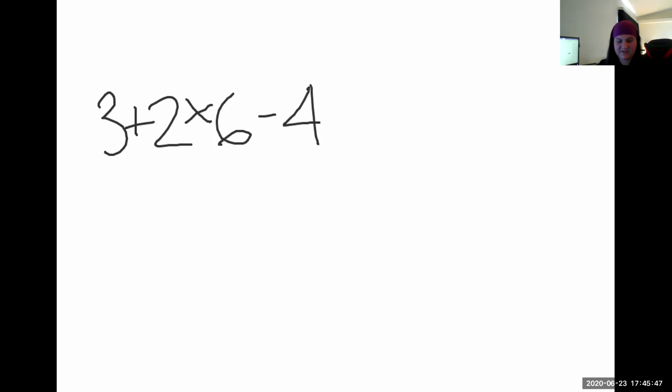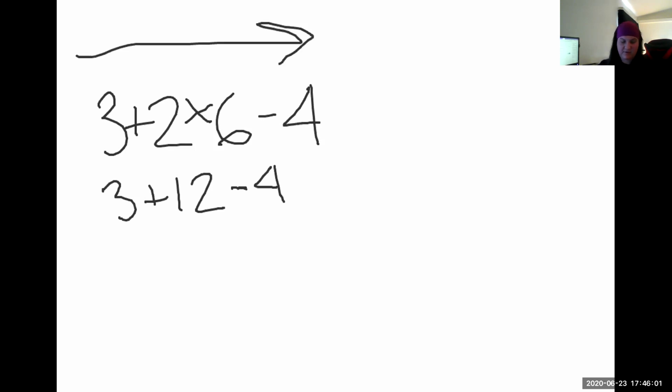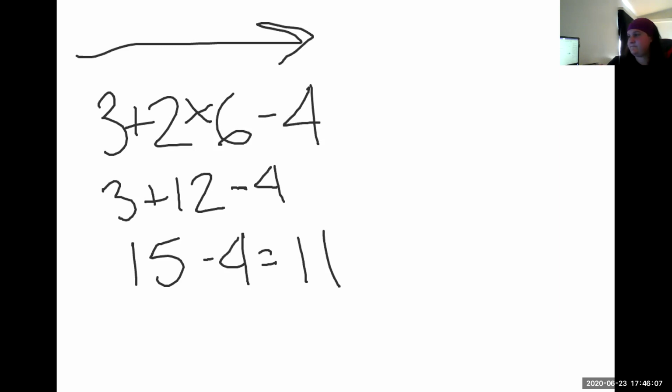Well, there's multiplication right here. 2 times 6 is 12, and that changes it to 3 plus 12 minus 4. Well, we're going to go left to right. So what's 3 plus 12? 15 minus 4 equals 11. C is 11, so C is our answer.